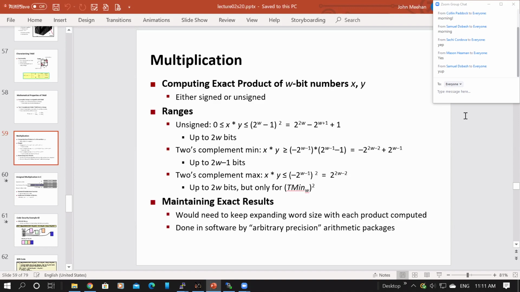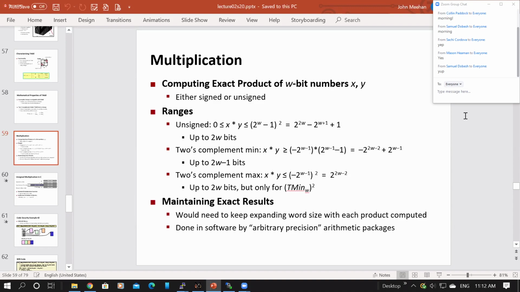The ranges that we looked at were dependent upon whether we were doing unsigned or two's complement representations. You get one less bit of magnitude in the two's complement representation, so it's half the range of the other one. So if we go to looking at multiplication, the same sort of thing happens, only much worse.